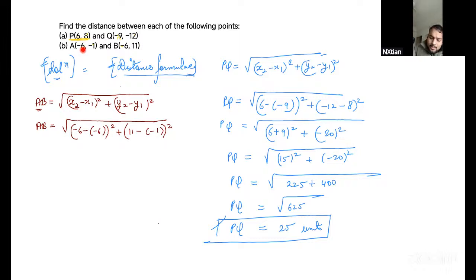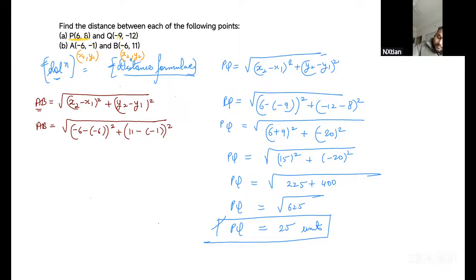See, now I'm writing the values so that you won't be confused. For example, I'm taking this as x1 y1 and this as x2 y2. Now x2 is -6, so -6 I wrote. The formula has minus, so I write minus here, and x1 is also -6. In the same way, y2 is 11, I wrote 11. Minus sign was there, and y1 is -1, so minus of -1.